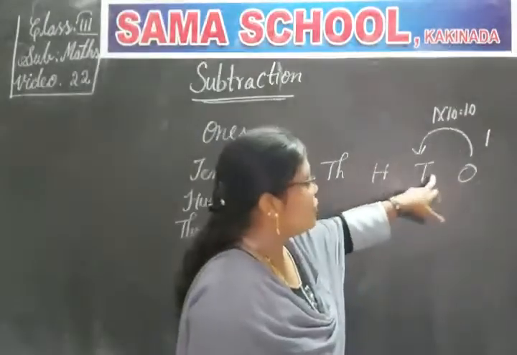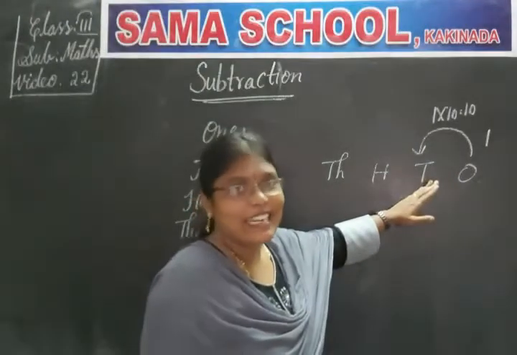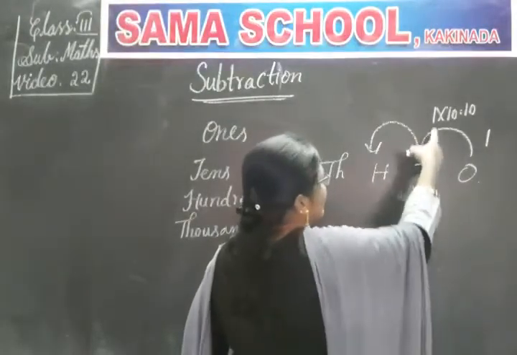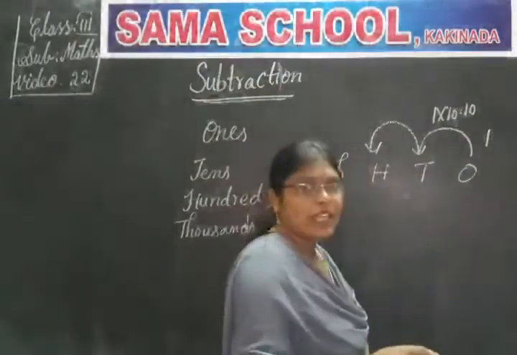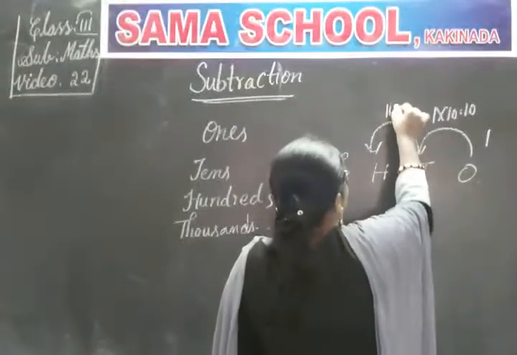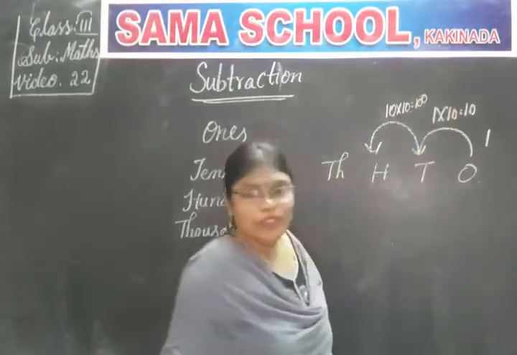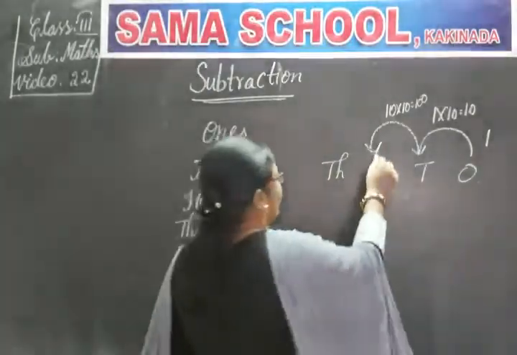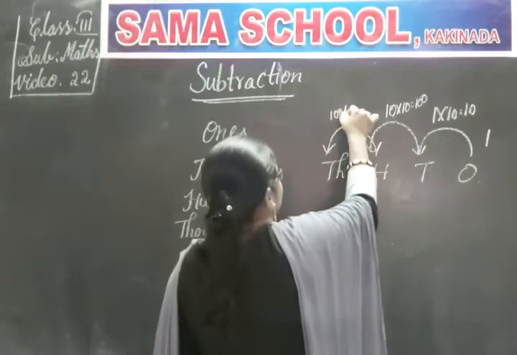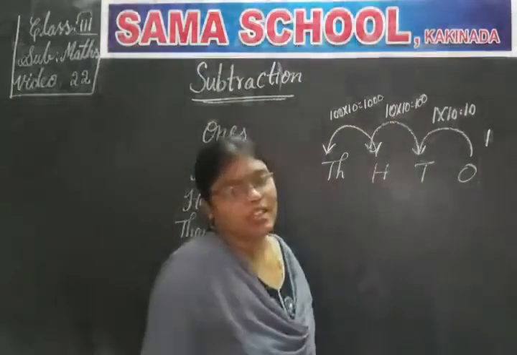So, when you move to the left, the value of the number increases 10 times. That means, again from tens place to hundreds. Here what is the value of 10? Tens place number 10. So again it increases 10 times. That is 10 into 10, 100. Okay, at the same time, when you move to thousands place, again it increases 10 times. 100 into 10, 1000.